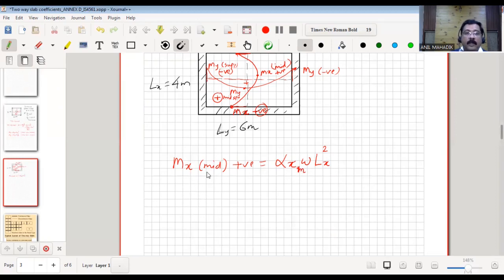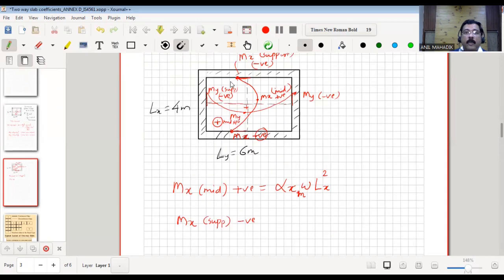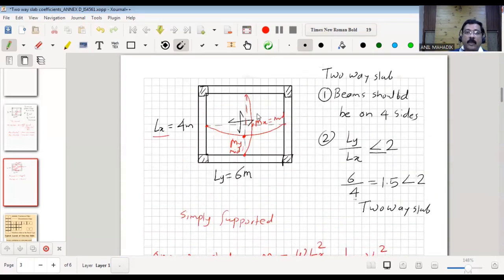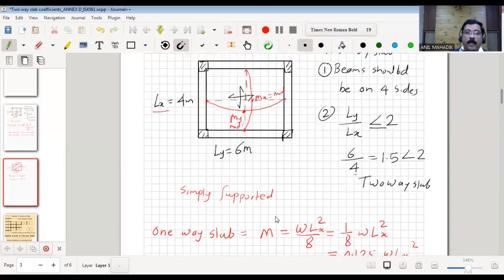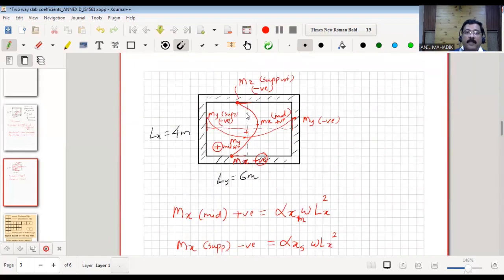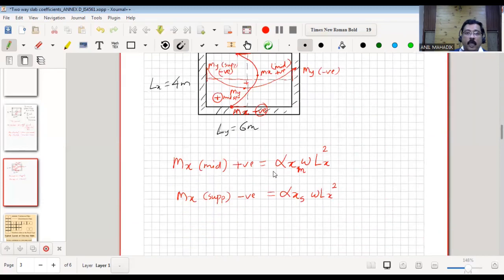Then there will be Mx short span moment, but it is a support moment now, which is negative. Here you can see this hogging moment or negative moment, we can say, shorter span. It will be alpha x, let's say support, WLx square. So there are two moments now in this case. In simply supported, we have seen that there is only one moment at the mid span because the support moments are 0 due to the simply supported condition. Here, as it is fixed, there will be two moments in the shorter direction.